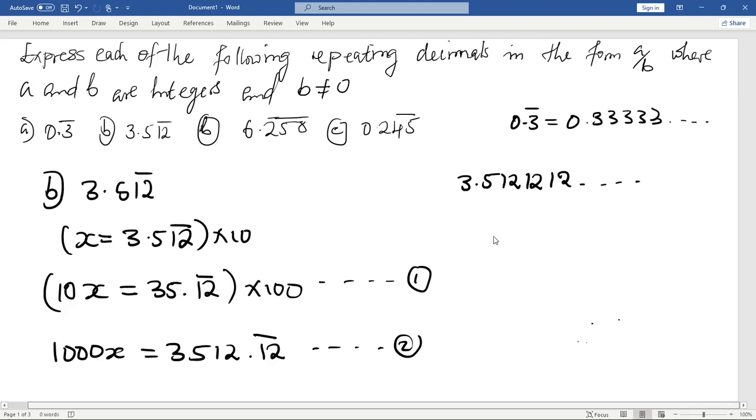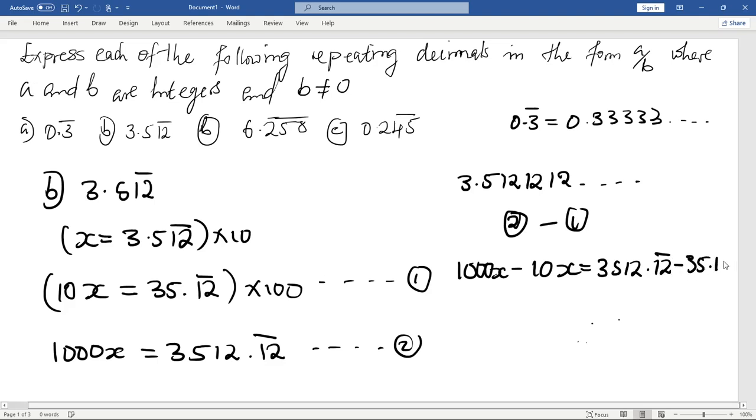Now, if we say equation number 2 minus equation number 1, we have 1000x minus 10x equal to 3512.12 bar minus 35.12 bar.